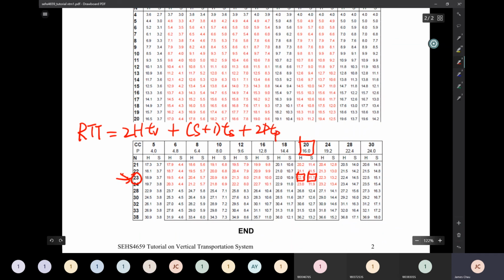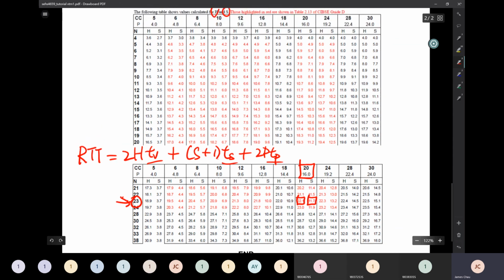Now, they are the time for normal traveling, the stops, and the passenger leaving and entering. So now in the data we provide to you, you need to find what is TV, TS, and TP.